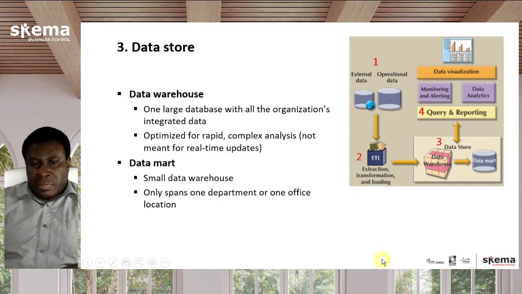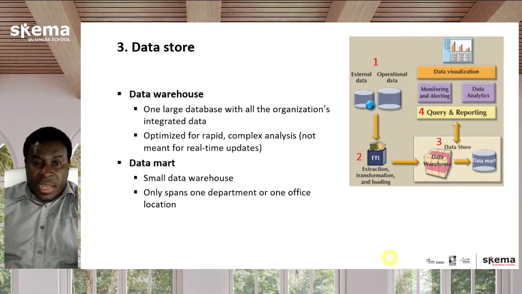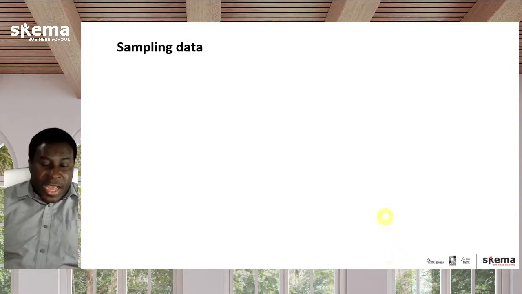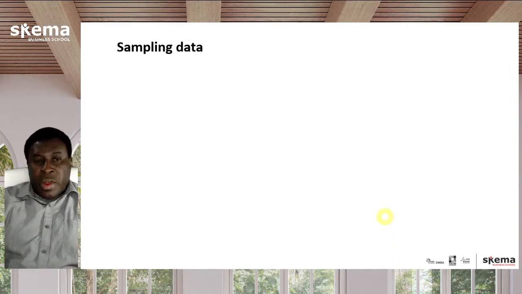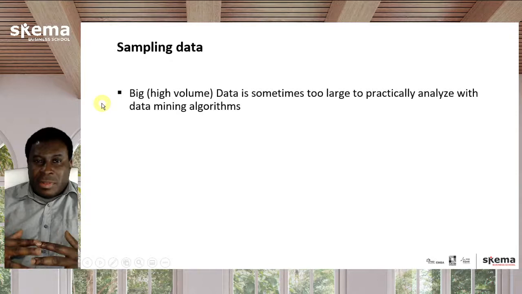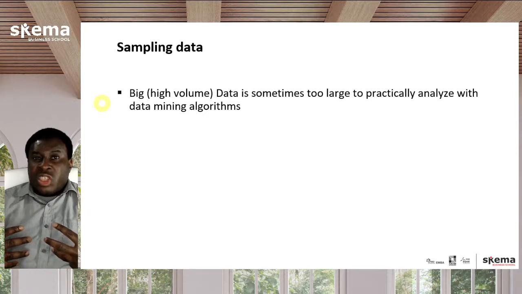Now, again, speaking of having databases of this enormous size, there are issues and challenges involved which might require sampling of data. So when you have big data in the sense of high volume, the most typical sense of big data, sometimes it's just too large.